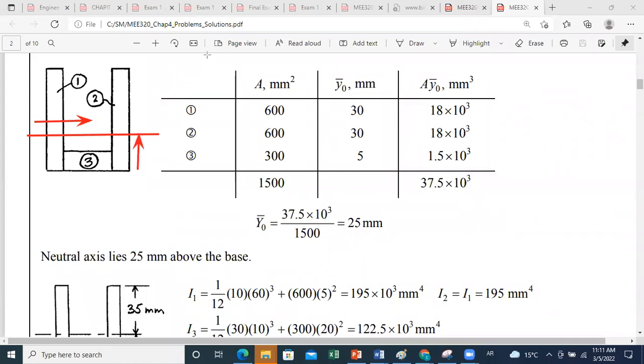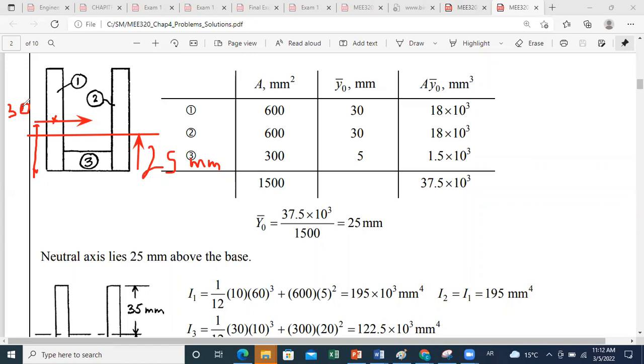So this distance is 25. And I know that my centroid here is at a distance from the bottom of 30 millimeter, which is the location of the centroid of the rectangle. So the distance between the axis passing by the centroid of area 1 and the neutral axis is 30 minus 25, equal to 5 millimeter.